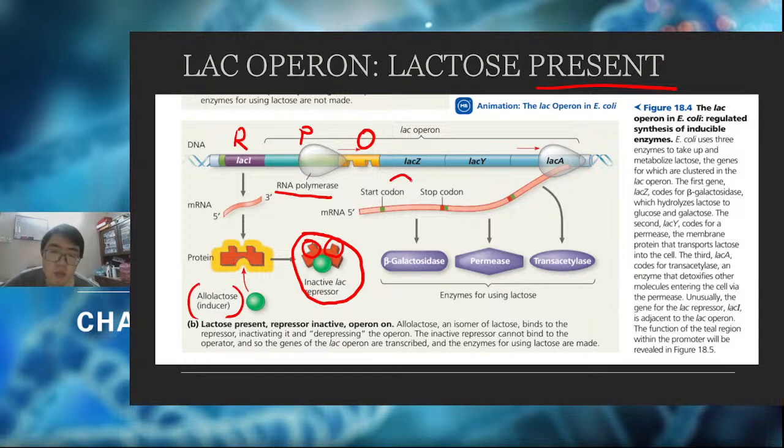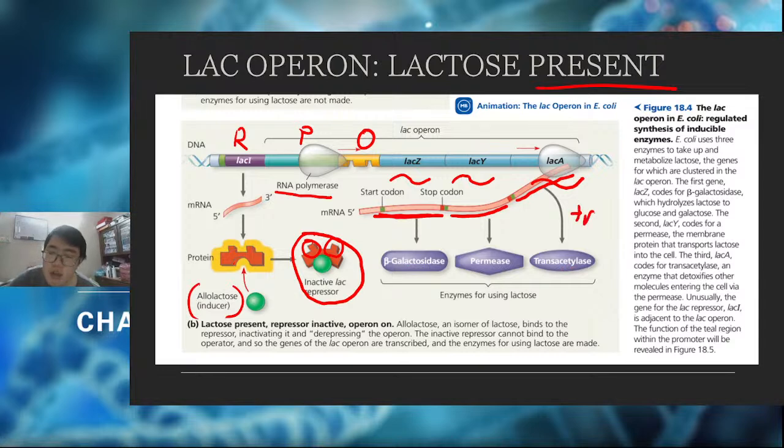One mRNA is for Z, one mRNA is for Y, and one mRNA is for A. So in this case, you will see that there is a start codon and stop codon here. So start codon means that kawasan ini adalah untuk Z punya. Kawasan ini adalah Y. Yang kawasan ini adalah untuk A. So these three mRNA respectively will produce beta-galactosidase, permease, and transacetylase.